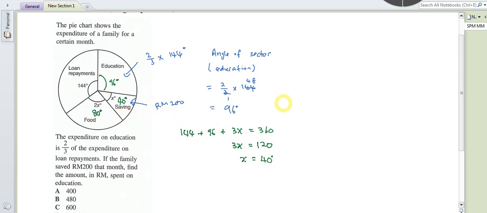Okay, now we know that 40 degrees represents 200 ringgit. So how about 96 degrees? What is the total amount here? So you can just do a ratio, 200 divided by 40, right?